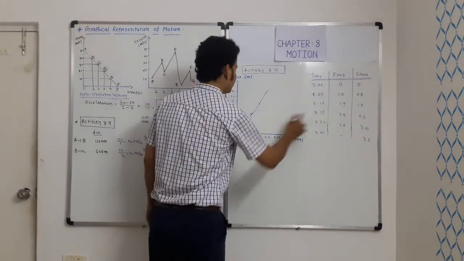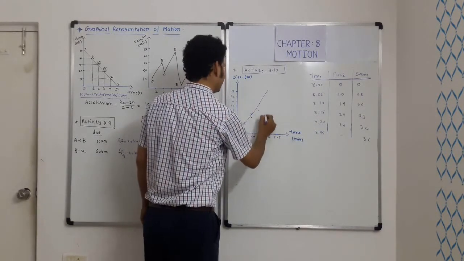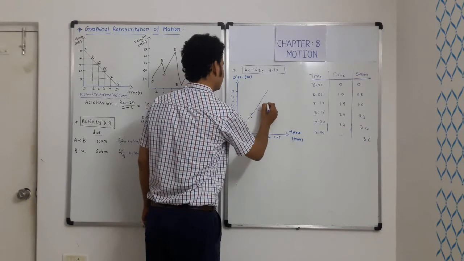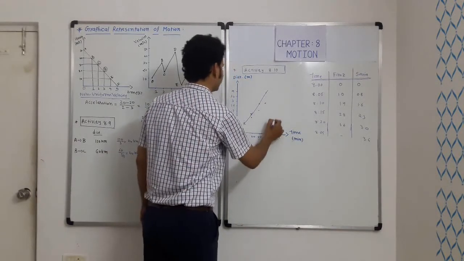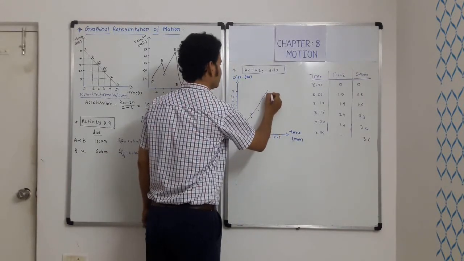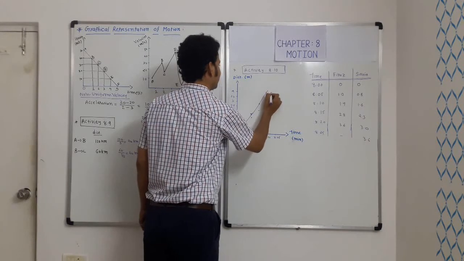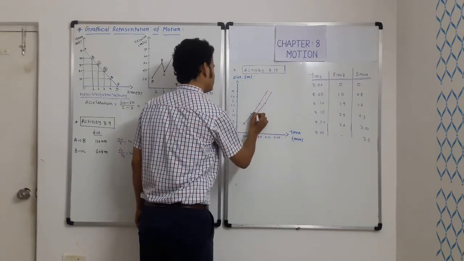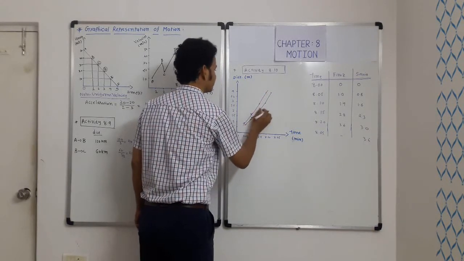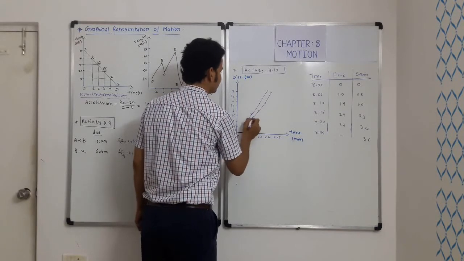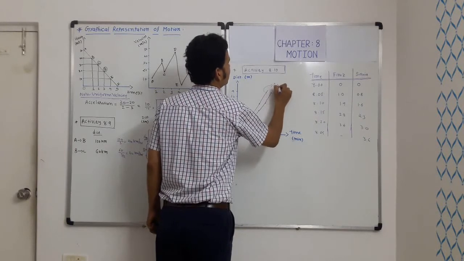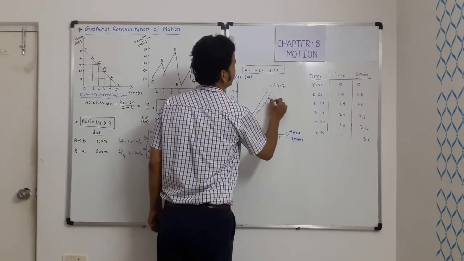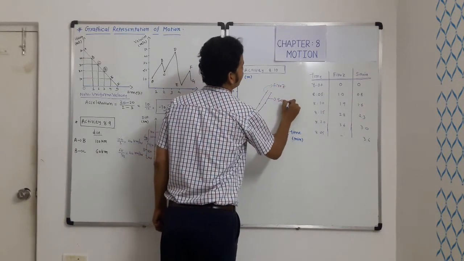Then at 8:20 it is 3, somewhere here. And at 8:25 it is 3.6, so it is here. So the graph is roughly somewhat like this, not exactly. So this is the graph by Firoz and this is the graph by Sania.